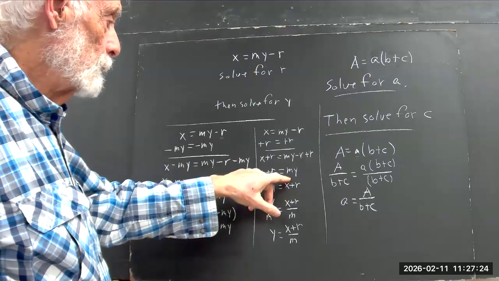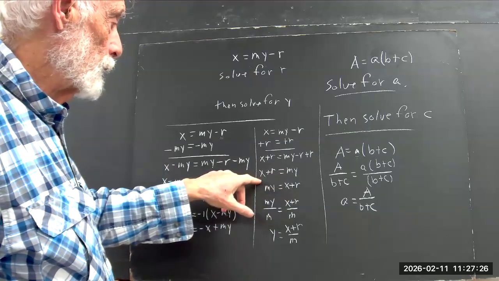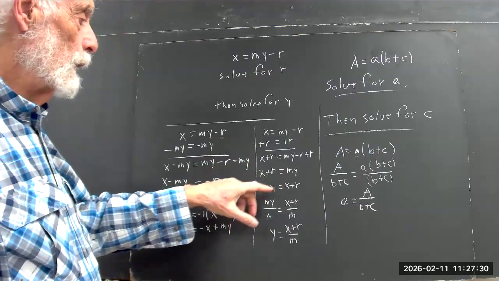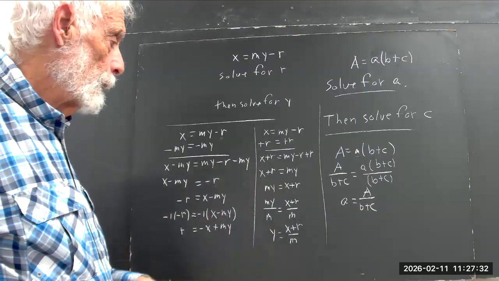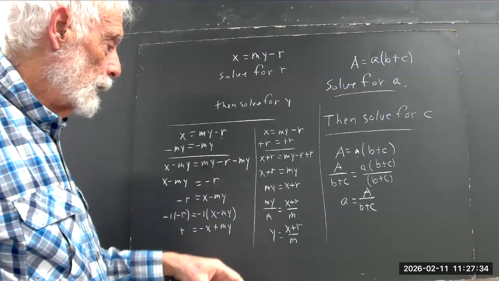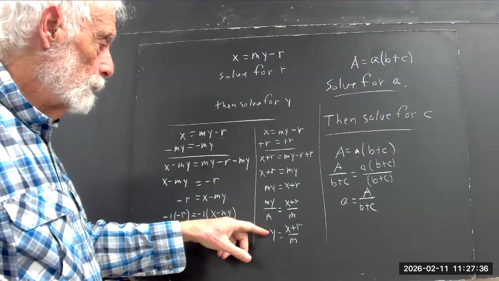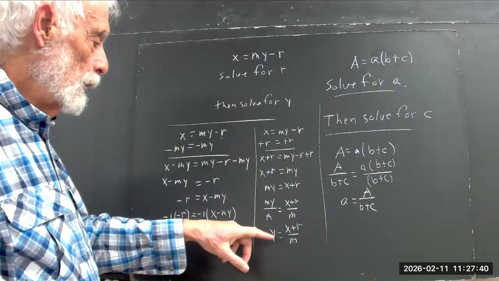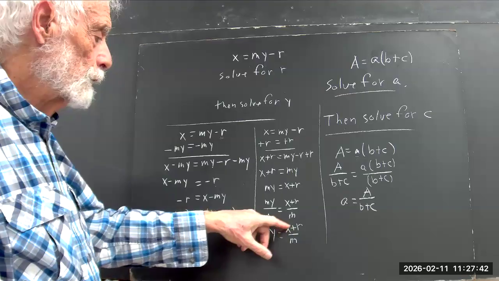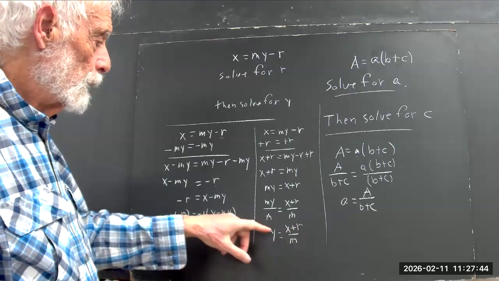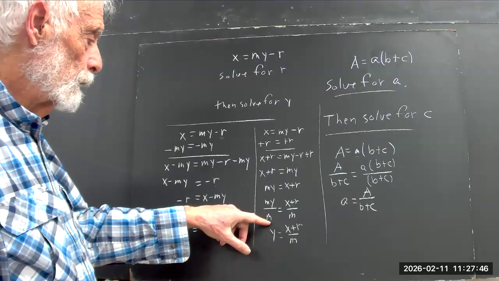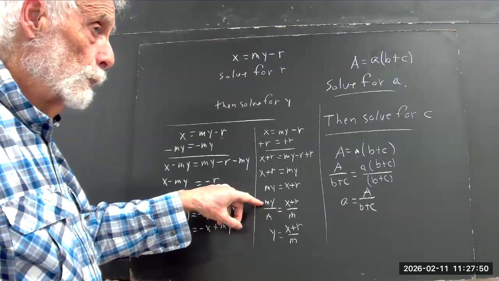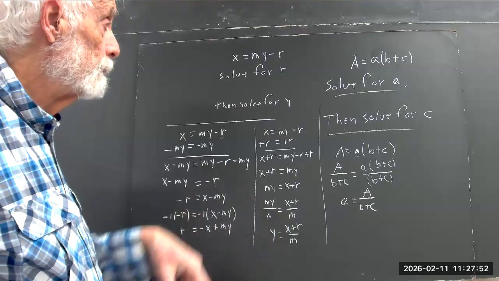So the right-hand side becomes just my, and the left-hand side is x plus r. Now we have my equal to x plus r. We're going to divide both sides by m. My divided by m equals x plus r divided by m, and we have then y equals x plus r divided by m, because the m in the denominator divides the m in the numerator on the left-hand side.